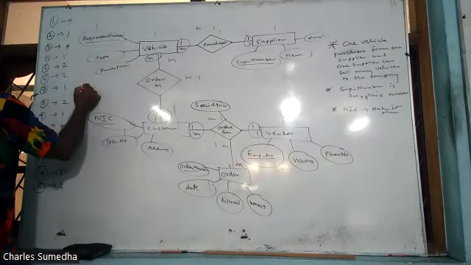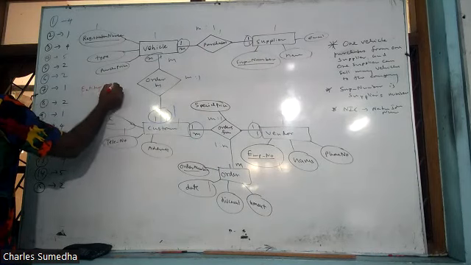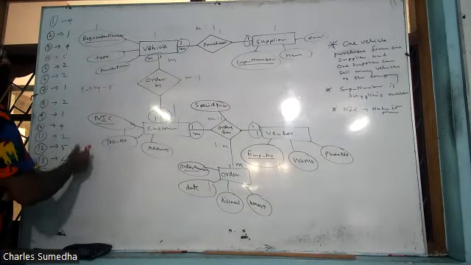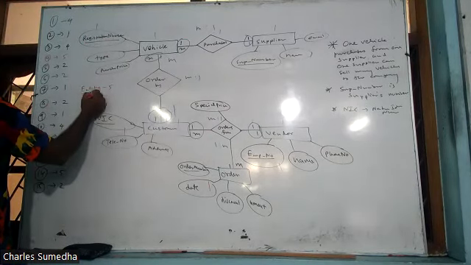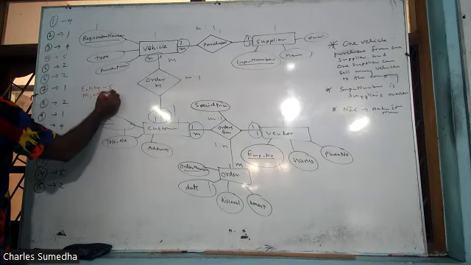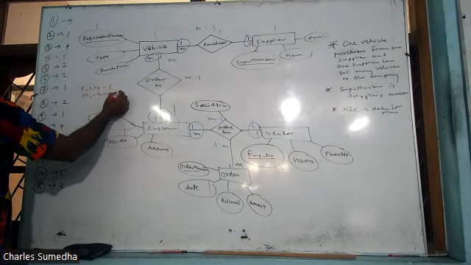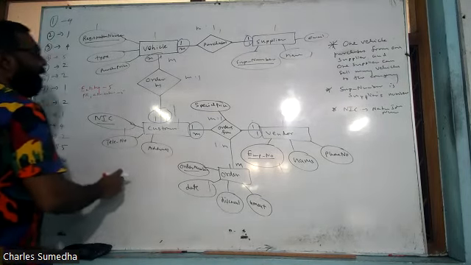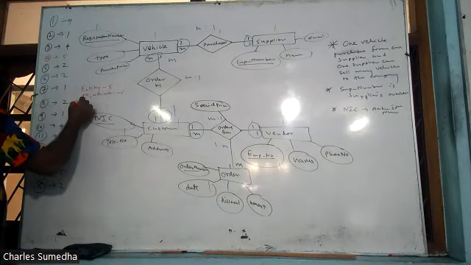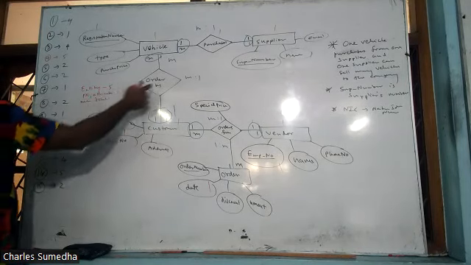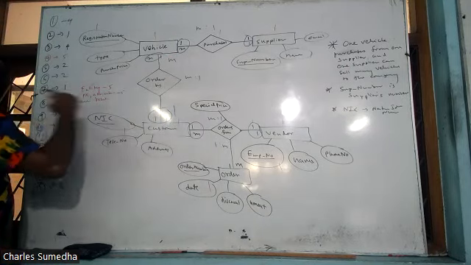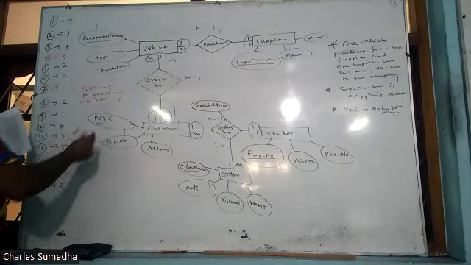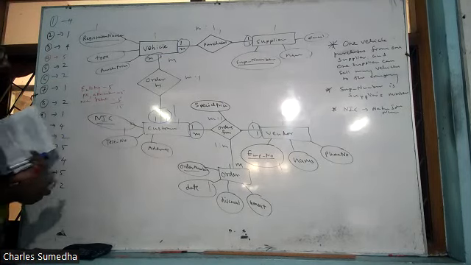Then the attributes, 5 marks. Then the meaningful relationships, 5 marks. So together 15 marks.